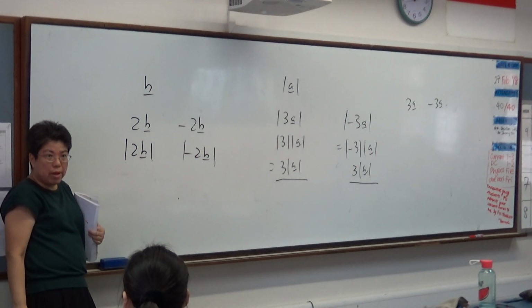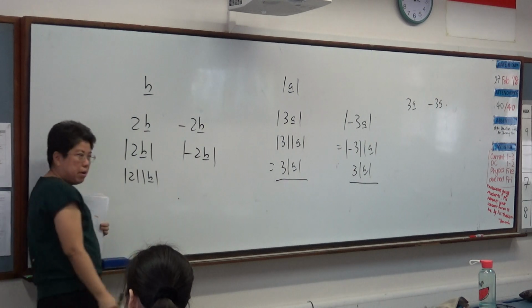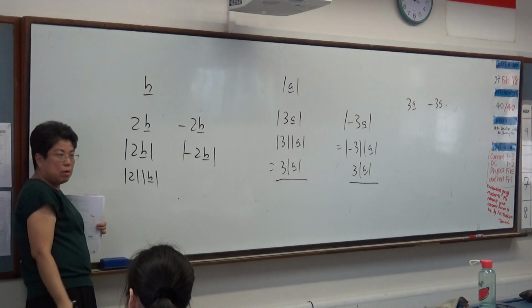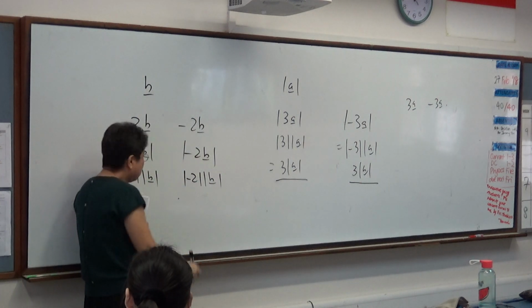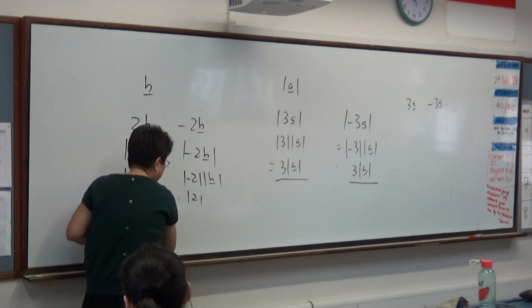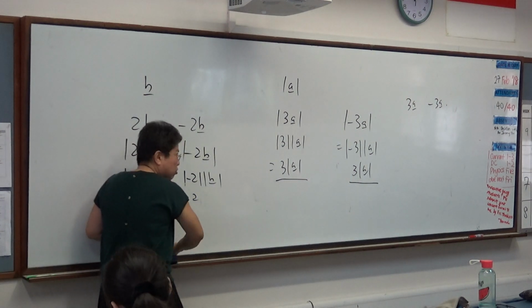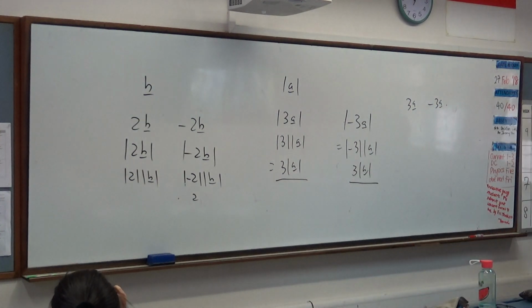The magnitude is the same, right? Now you learned modulus before. So this one I can say mod 2 mod B, right? Correct. This one will be what? Mod negative 2 mod B, right? So mod negative 2 is still 2. Agree or not? Remember modulus always have the positive value. So this just means that if it's a negative, it's the same as the positive magnitude. Just that the direction is different.